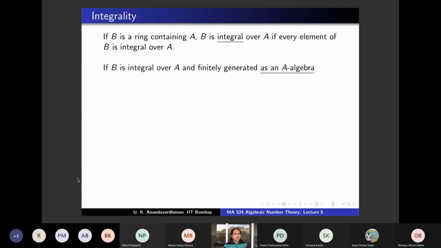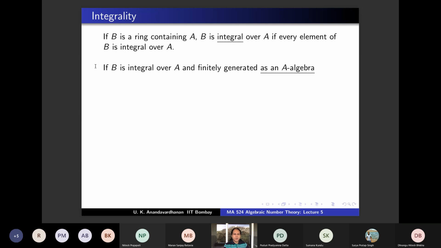Finitely generated as an A algebra means there are finitely many elements x1, x2, etc., xn in B such that B is isomorphic to the polynomial expressions in those x_i with coefficients in A. So A[x1, x2, etc., xn]. So B is isomorphic to that. So that is finitely generated as an A algebra.